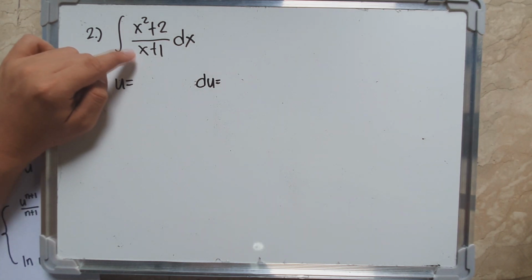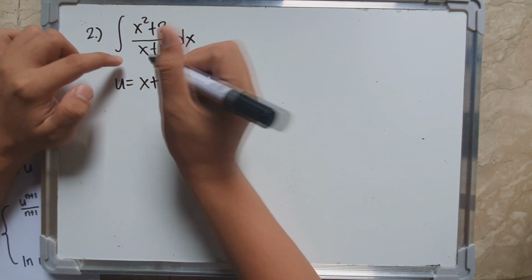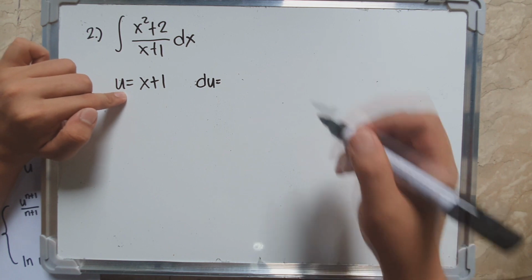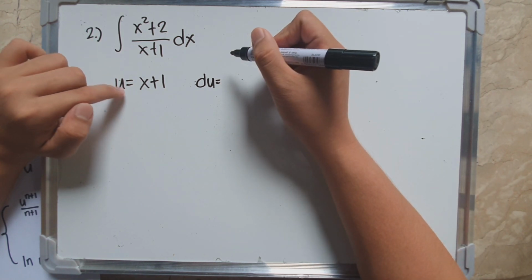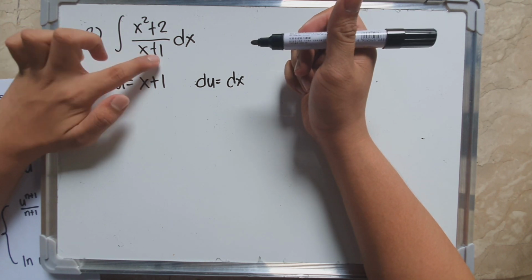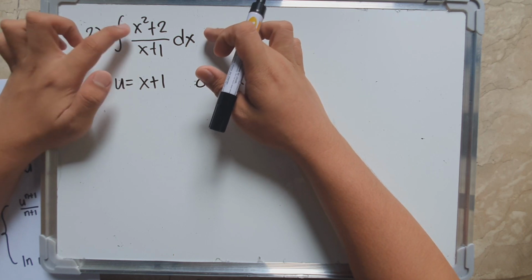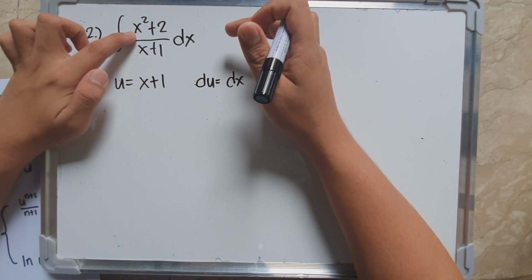If you assign x plus 1, the denominator, as the u, and you derive this, the derivative of x is dx. If you look at the numerator side, what's the purpose of x squared plus 2?